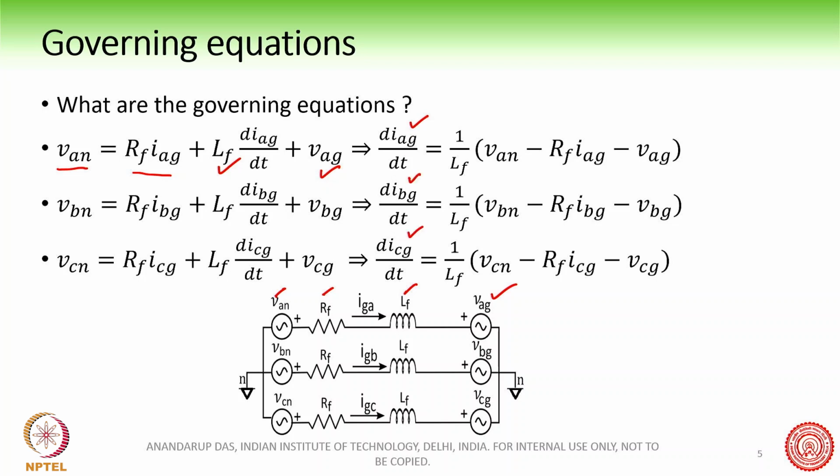The reason for writing it in this format will be evident later when we do the dynamic modeling. This is typically of the format x dot equals Ax plus Bu, in the matrix, state space variable format. We will take it up later, but for now just assume that this is the way we are writing this equation.